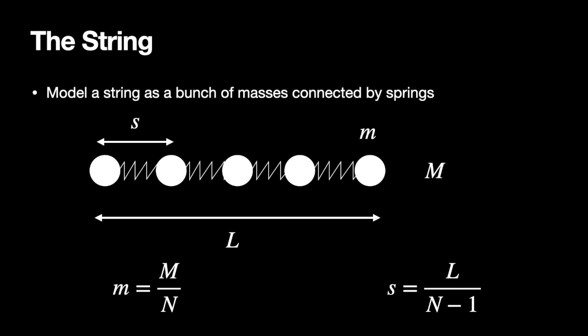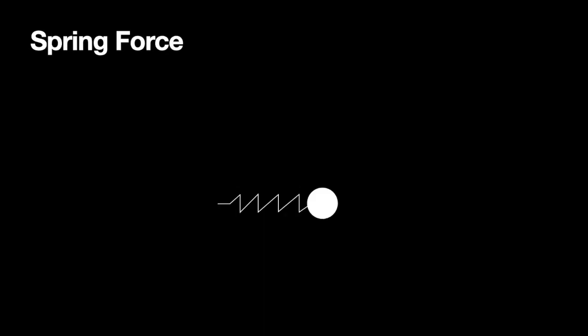Okay, got it. Now, I said springs are great because we can model the spring. Here is one mass connected to one spring. I can get a vector expression for the force, and here it is. So here we have negative k, where k is the spring constant. It's how stiff that spring is.